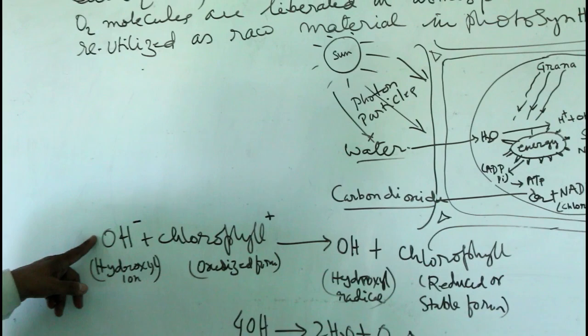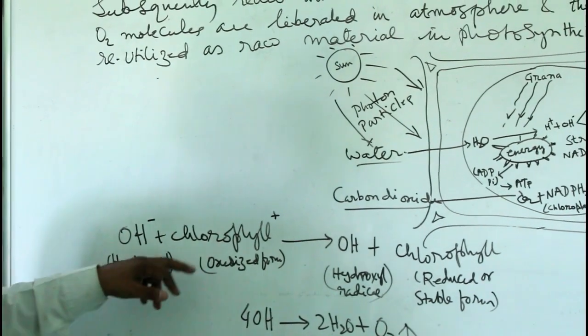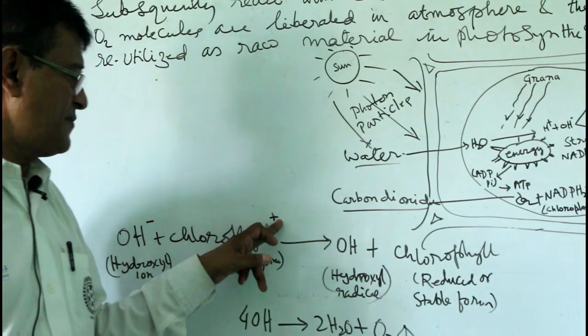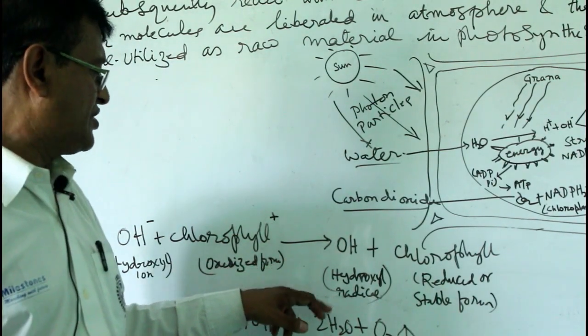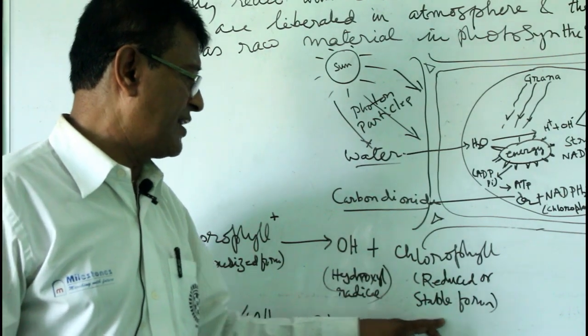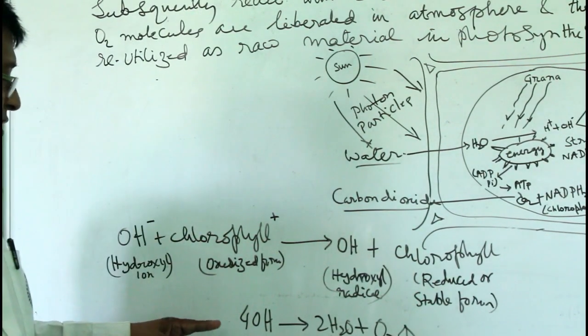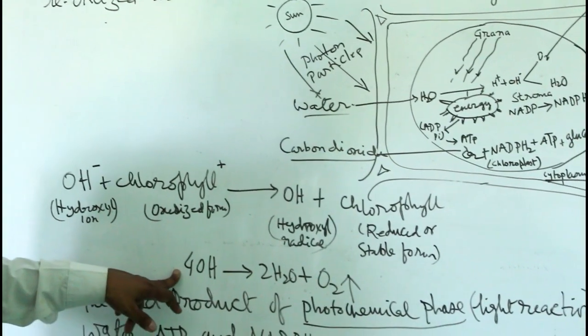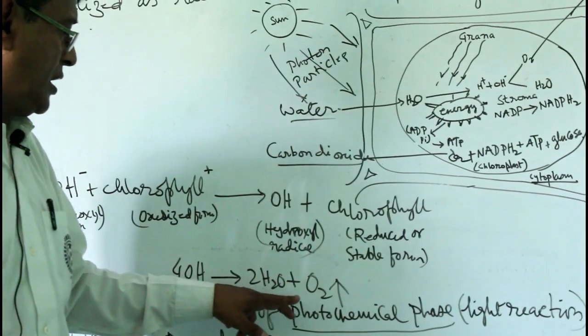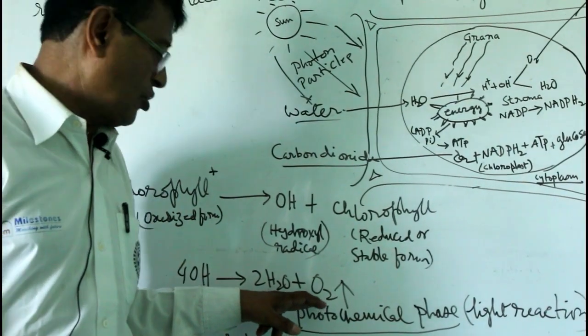You see this reaction follows like this: the hydroxyl ion, chlorophyll oxidized form with plus radicals, and then OH, the hydroxyl radical, forming chlorophyll reduced or stable form. Then 4 hydroxyl radicals convert into 2 molecules of water plus oxygen.